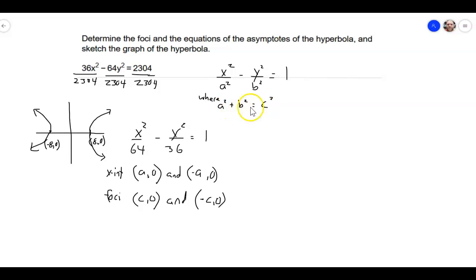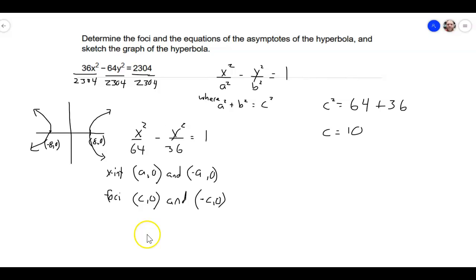In order to get that c, I'm going to plug it into my formula over here. So c squared is equal to a squared, which is 64, plus b squared, which is 36. So c is going to be equal to the square root of 100, which is 10. Right? 36 plus 64 is 100. Take the square root of both sides, and we get 10.